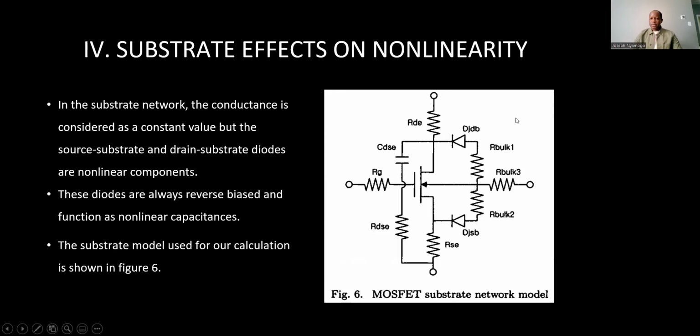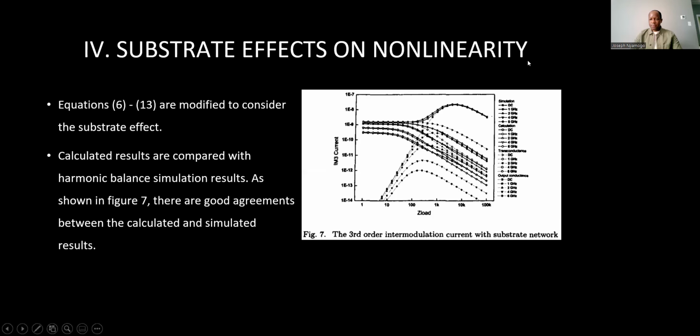These diodes are always reverse biased and function as nonlinear capacitances. The substrate model used for calculation is shown in figure 6. Right, these are the reverse biased diodes. Equations 6 to 13 are modified to consider the substrate effect. Calculated results are compared with harmonic balance simulation results as shown in figure 7. There is good agreement between the calculated and simulated results.